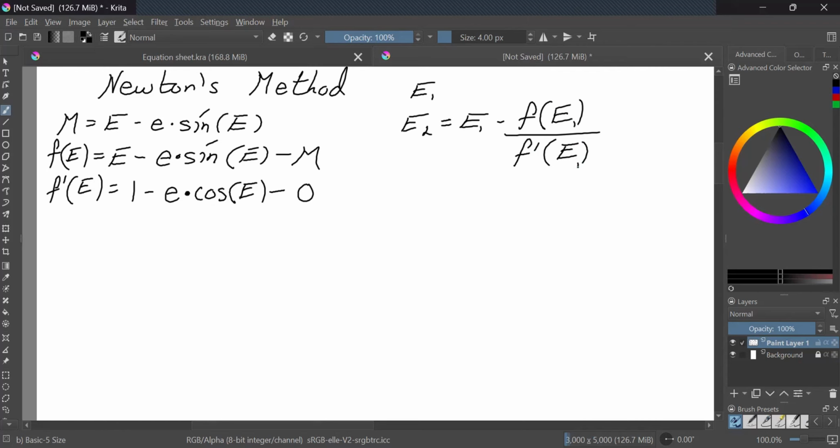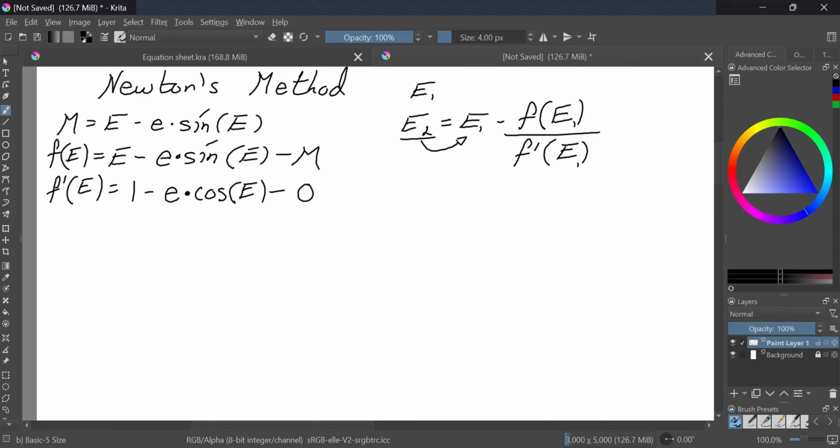And then you're going to do this with E2. So you're going to take your E2 and plug it into the equation that replaces E1, and that will get you your E3. You do this as long as you need to.